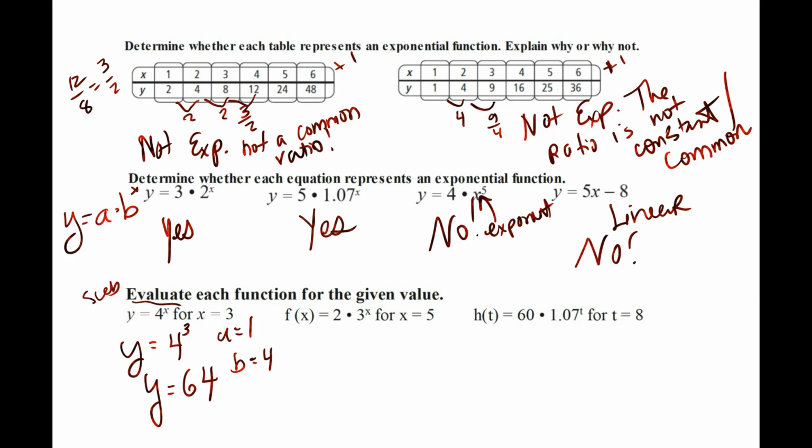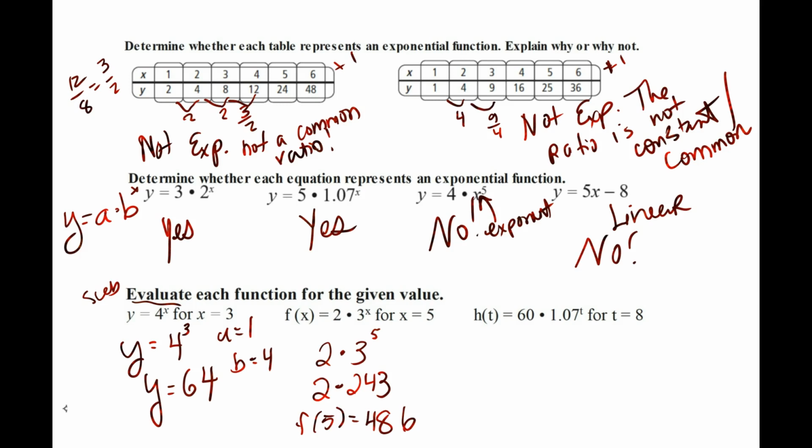So for the next one, we have f of x is equal to 2 times 3 to the x power. So basically, I'm saying 2 times 3 to the 5th power. 3 to the 5th power is 243. So I'm saying 2 times 243. And we get f of 5 is equal to 486.